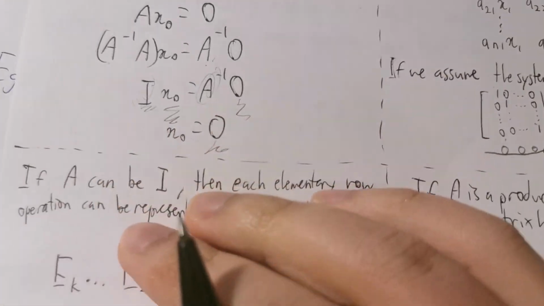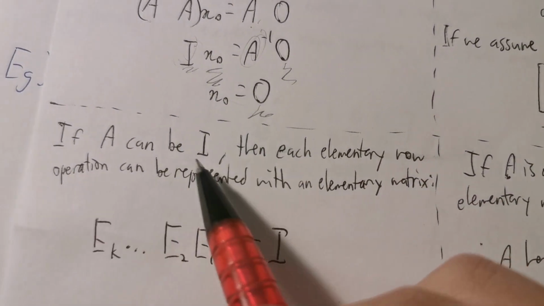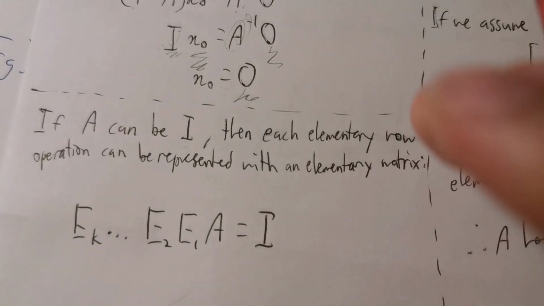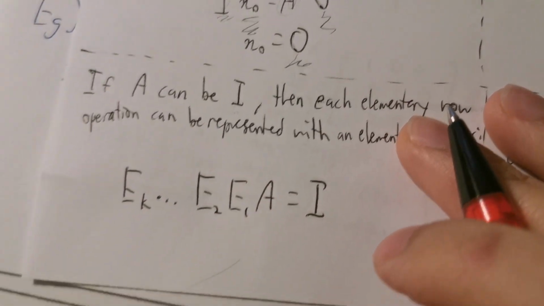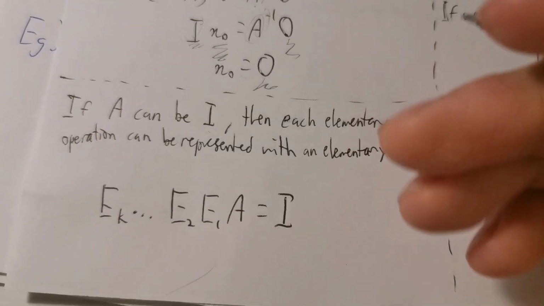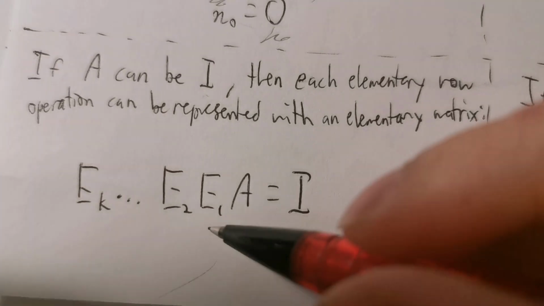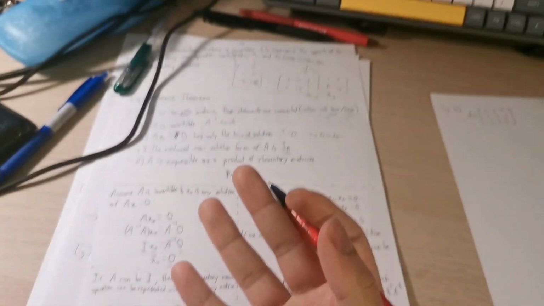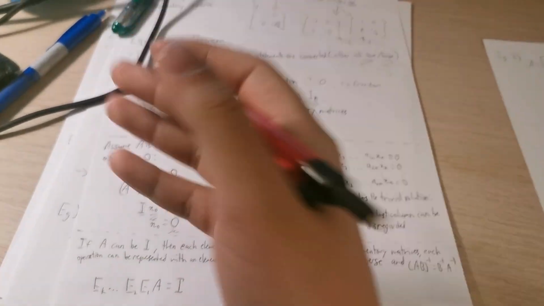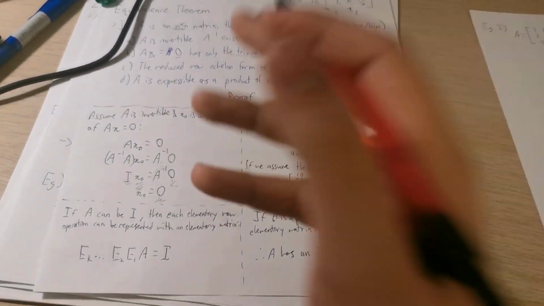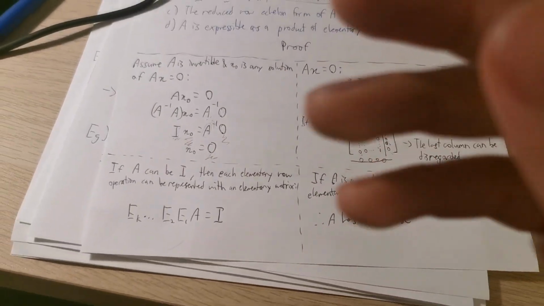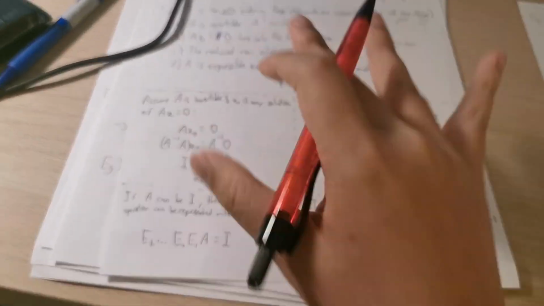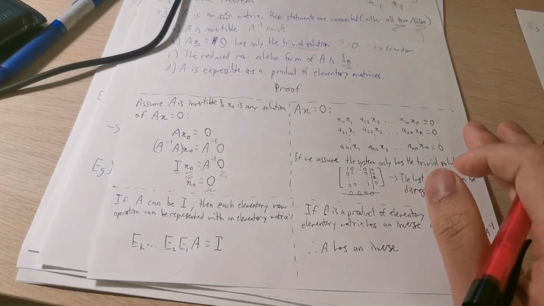So next, if it can be an identity matrix, this is what I was talking about, it can be represented with a bunch of elementary matrices, because you convert it to the identity matrix using elementary row operations, and each elementary matrix applies one of those row operations.